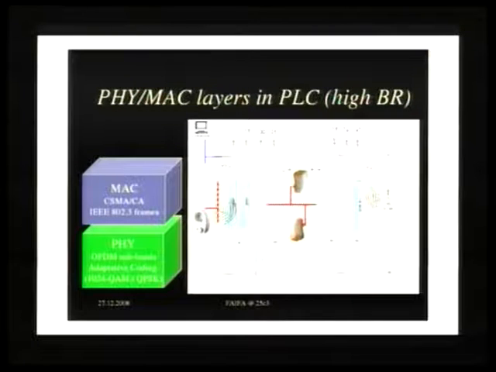So if I go a little bit more in detail about the physical and the MAC layer, at the physical layer, they are using OFDM, orthogonal frequency division multiplexing. That's the one technology that we can find in most network technology like DSL, Wi-Fi 802.11g, WiMAX, and so on. And there is an adaptive coding depending on the quality of the channel.